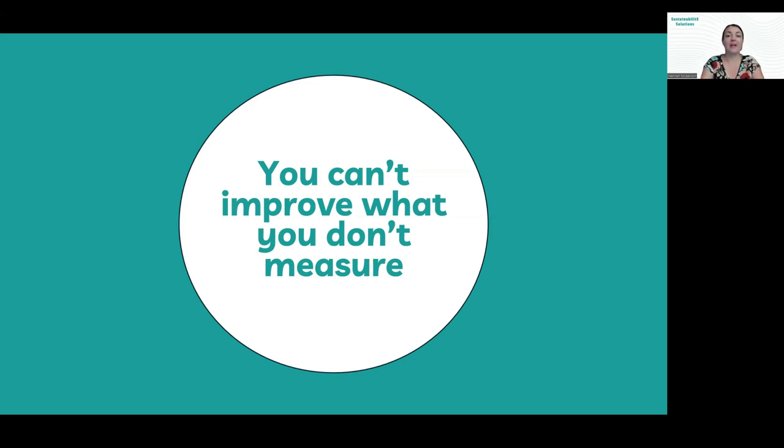So we're wrapping up here, but basically, you can't improve what you don't measure. The climate crisis is real. Business as usual is no longer an option. Legislation is starting to require very large businesses to start reporting and disclose their greenhouse gas footprints. And along with that, those requirements will trickle down to smaller businesses.